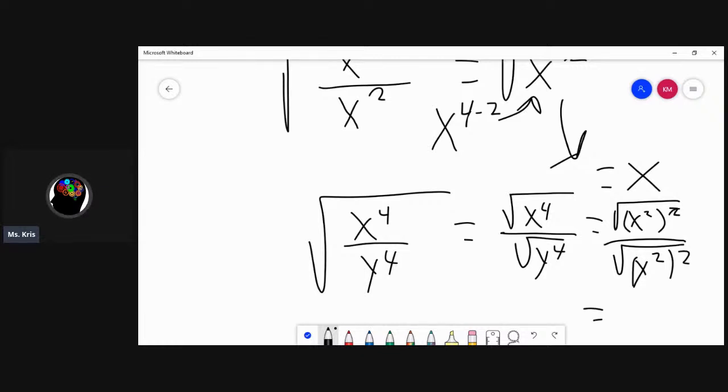Once I find that answer, the square on the outside and the root cancel, and that leaves me with x squared over y squared.